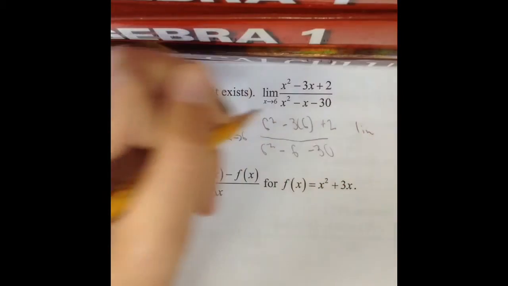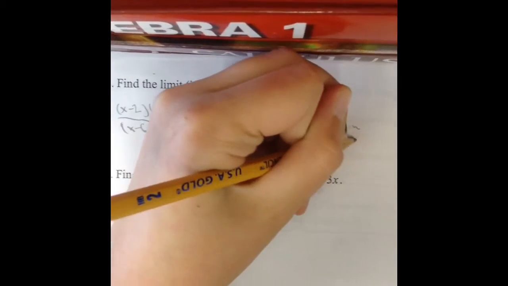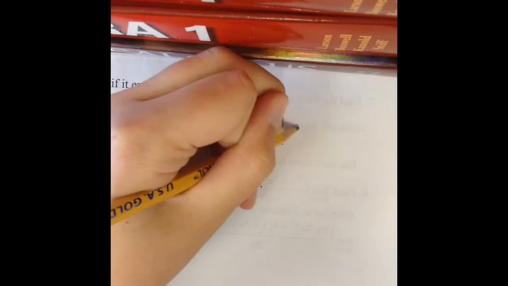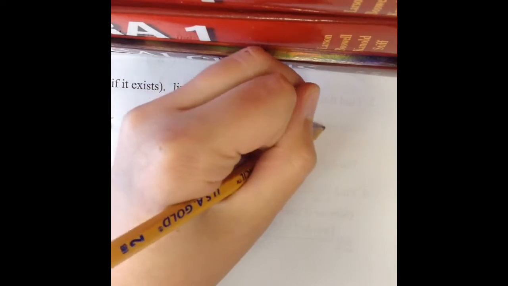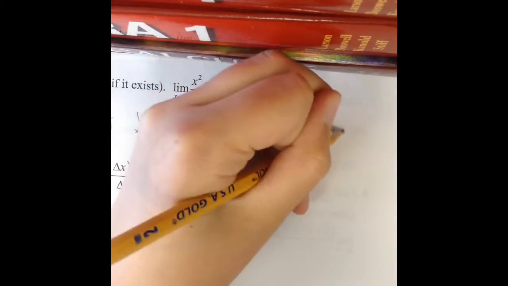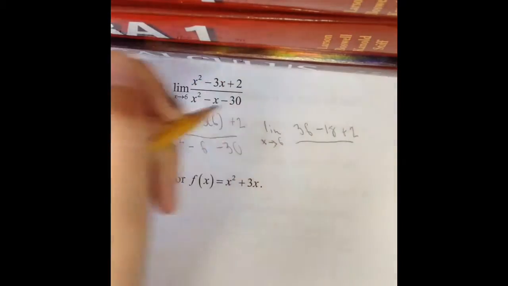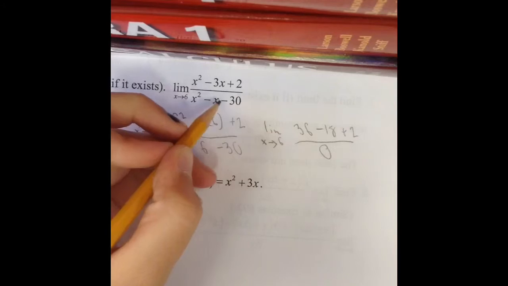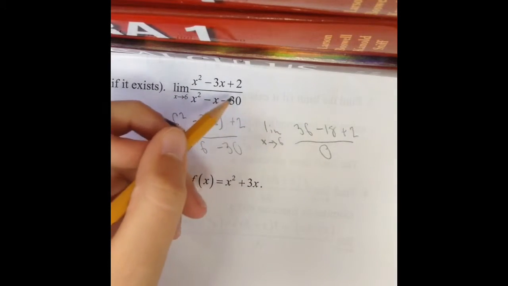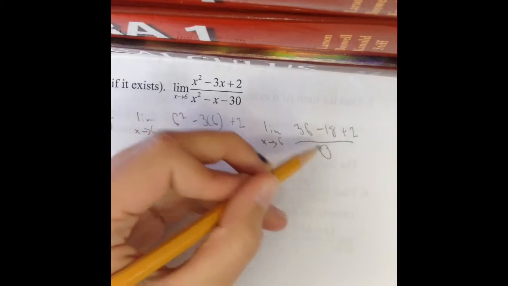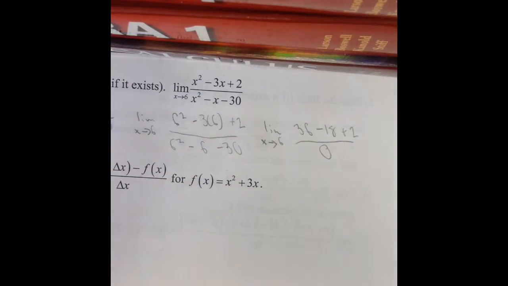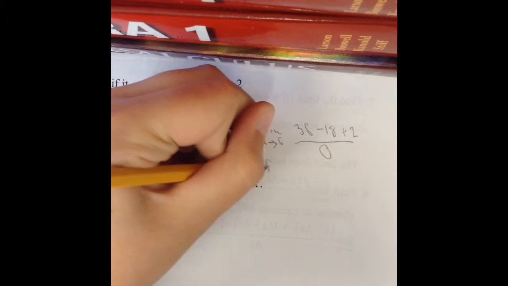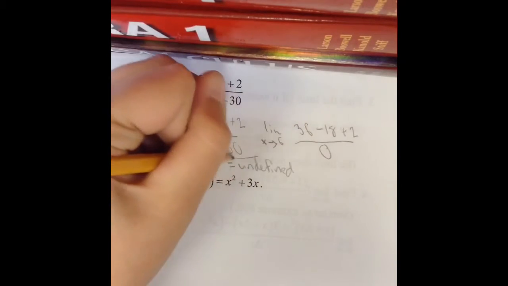And so that is 36 minus 18 plus 2 over 0. And so now we know that since our denominator is 0, and since we can't divide by 0, our limit is undefined, or it does not exist.